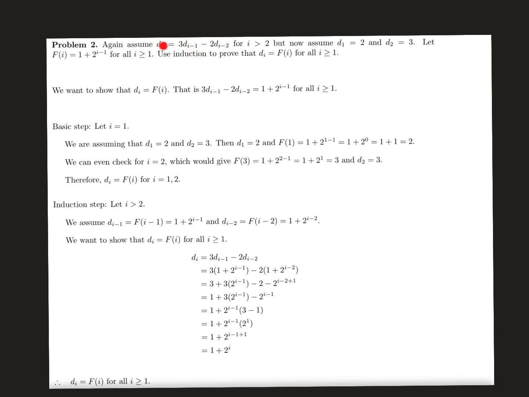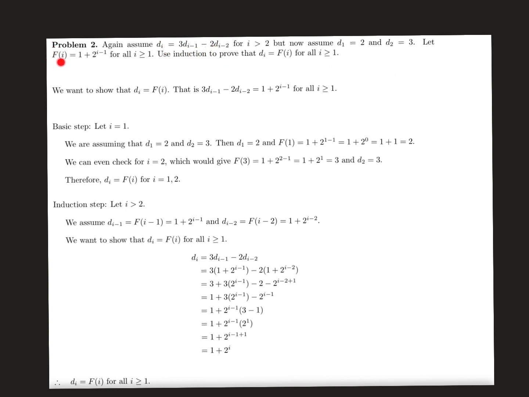So d3 is equal to 9 minus 2 times d1, which is 2. So 2 times 2 is 4, and we have 9 minus 4, which is 5.